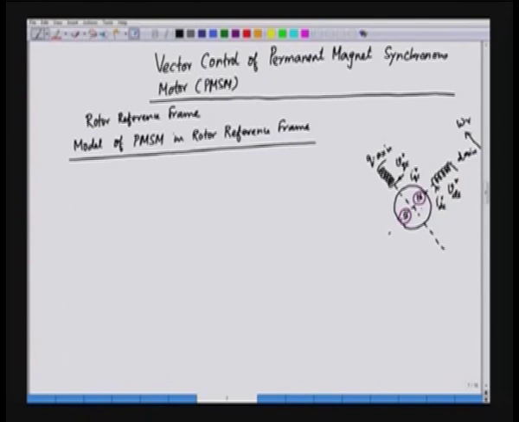The rotational speed in this case is omega r, rotating in the anticlockwise direction. So, we can write down the equations.